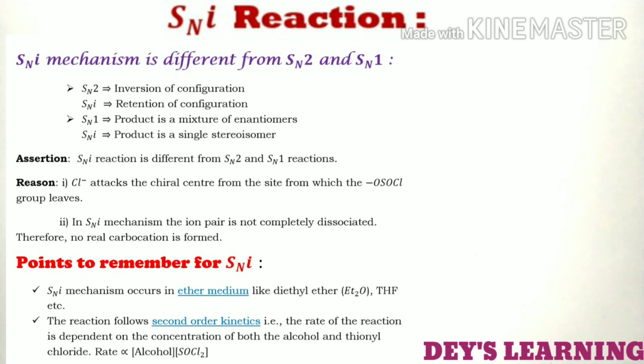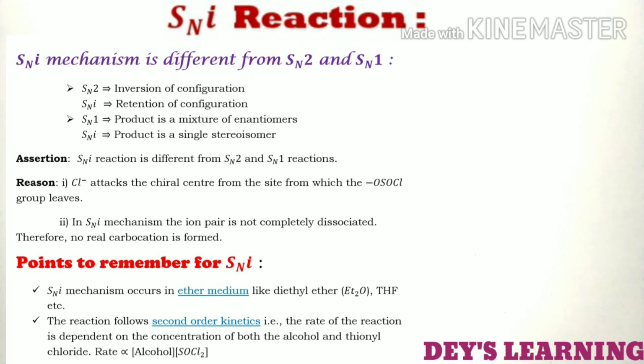So SNi is not actually SN2. And again, in SN1 reaction, we get a mixture of products, a mixture of enantiomers. But in SNi reaction, we get a single stereoisomer. So SNi reaction is not like SN2 or SN1.